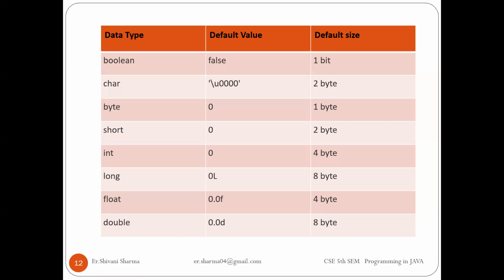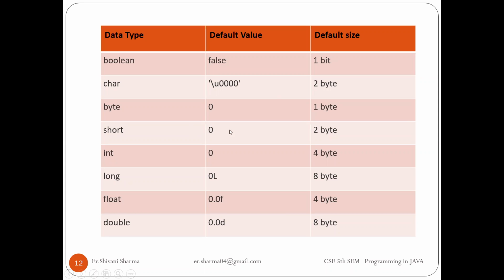Whereas in C++, the memory occupied is 1 byte, as all of you know. Now in the byte case, by default it is 0 value, but in C++ it always occupies a garbage value and 1 byte of memory.